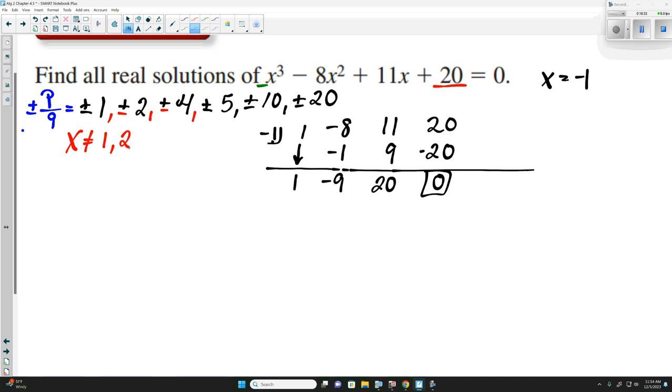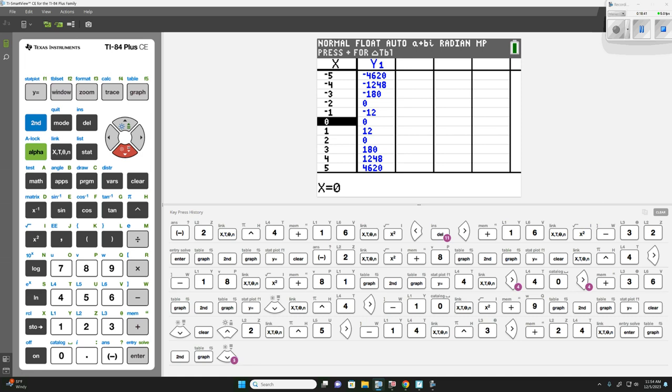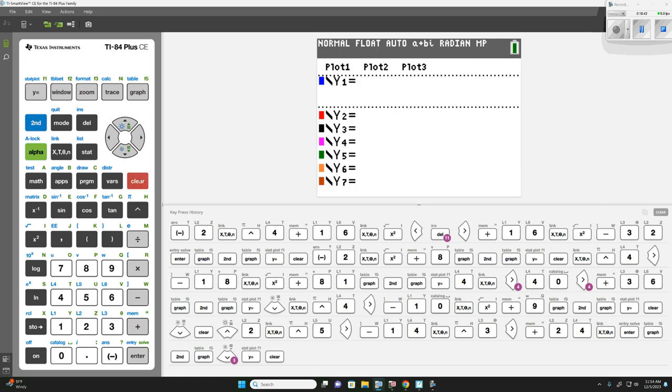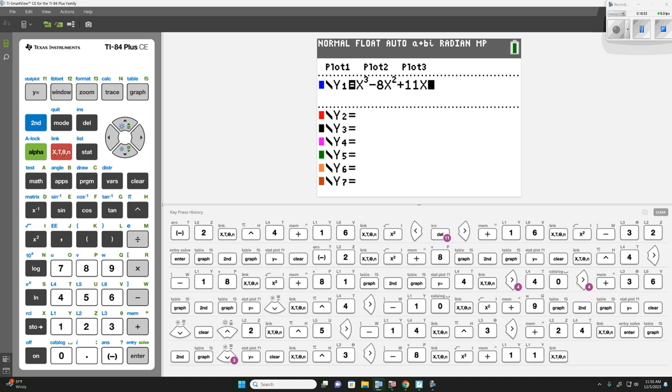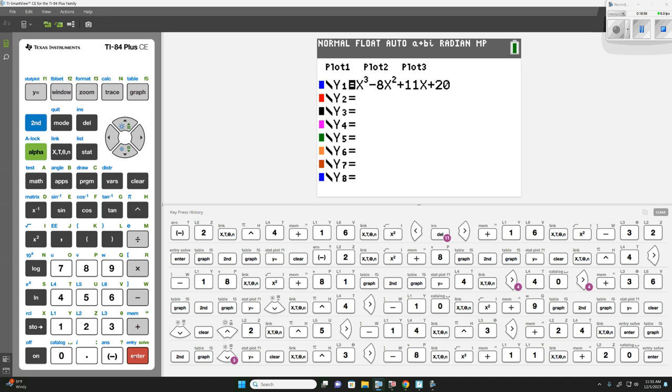Well, do we want to keep trying those? Because we could do that, or we could turn it into a quadratic, or from the beginning, I'm going to type this in as x to the third minus 8x squared plus 11x plus 20.